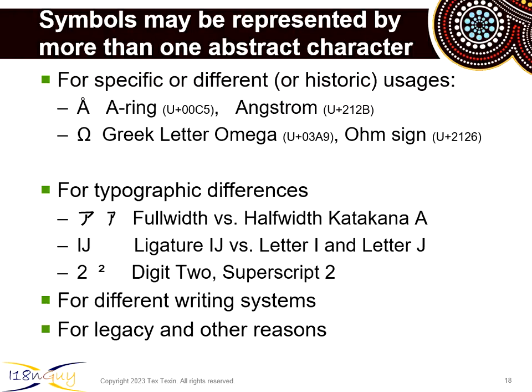You have characters that are ligatures, where I and J can represent a letter, but they're drawn closer together to appear to be a unit typographically. And then, of course, we have superscripts and subscripts. And this is an example where the characters look the same, but they actually have different semantics, right? There can be many reasons.